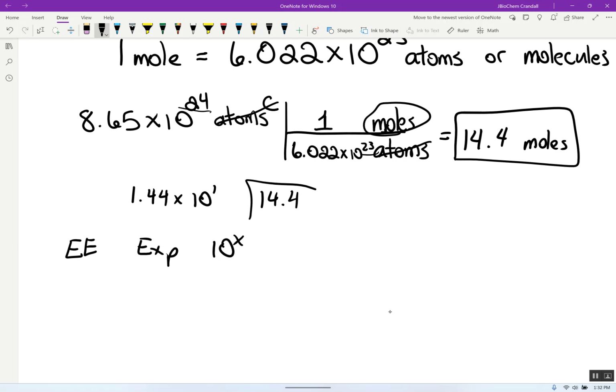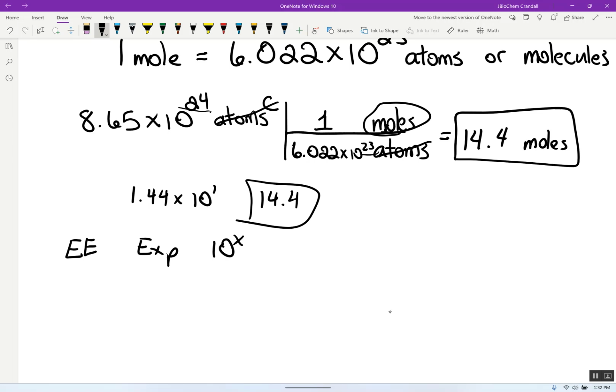So it's the same. Okay, so you can always do the division that way too. If you're doing division, you subtract exponents. If you're doing multiplication, you add exponents.